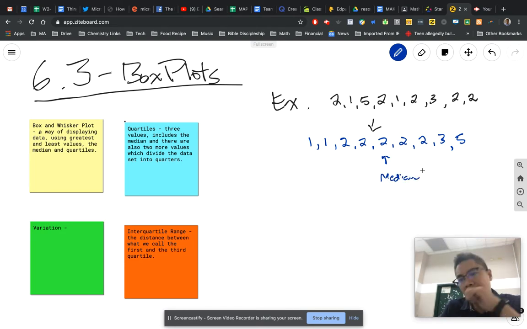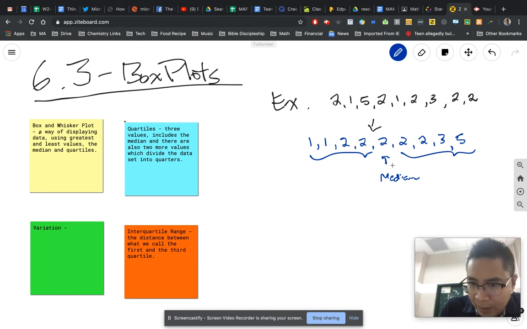After you determine the median, you have to find two other values. There's the first section here, and then another section to the left and to the right of the median. So what you need to do in a box and whisker plot is determine a second and a third median.